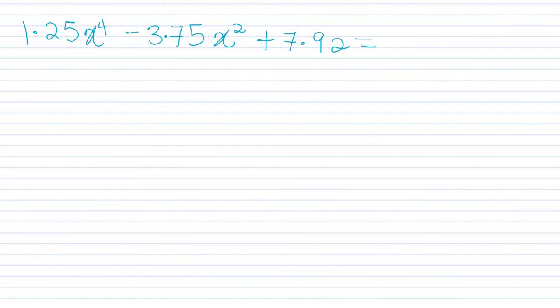All of this equals the function y of x. So the function y of x is 1.25 x to the fourth minus 3.75 x squared plus 7.92, and that is the question we're given.